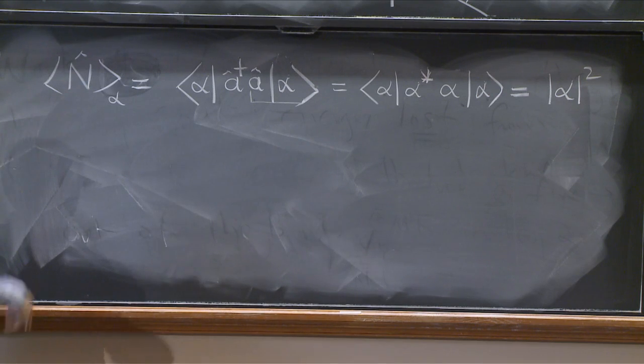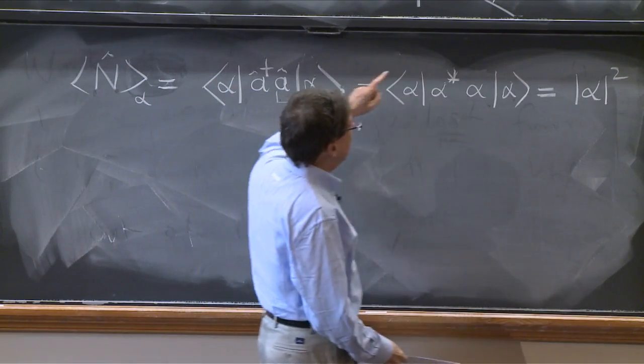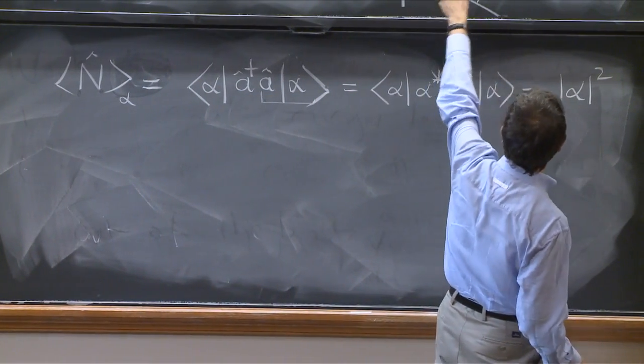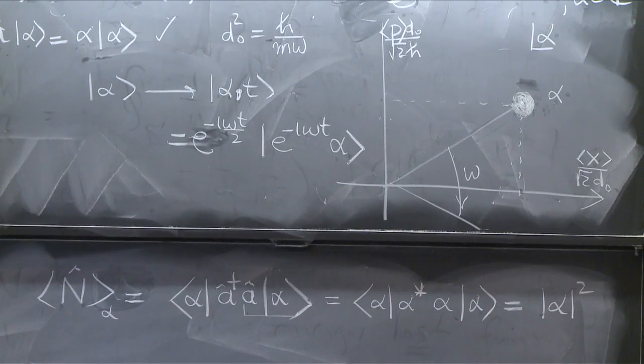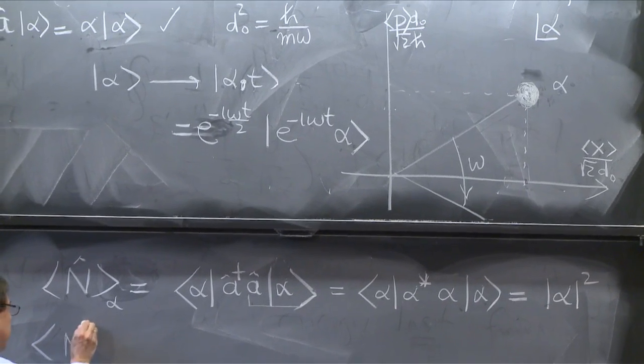So if this is a harmonic oscillator, the expectation value of the number operator, in fact, is the length squared of this vector. Now, how about n squared?